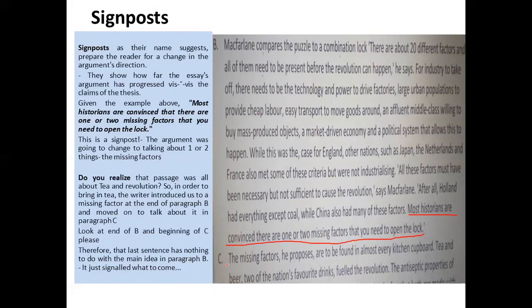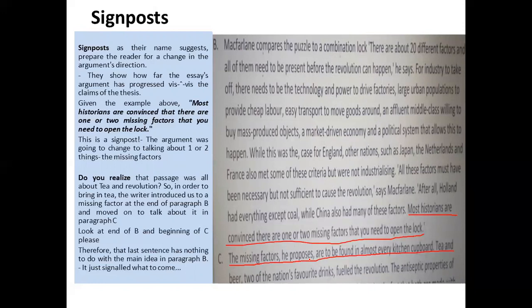It's telling us that this argument is going to change. And in paragraph C, he started talking about the missing factor he proposes to be found in almost every kitchen. That is tea and beer. All right. Those are the two missing factors. Okay. So some other countries met other things, but probably they didn't have tea and beer.